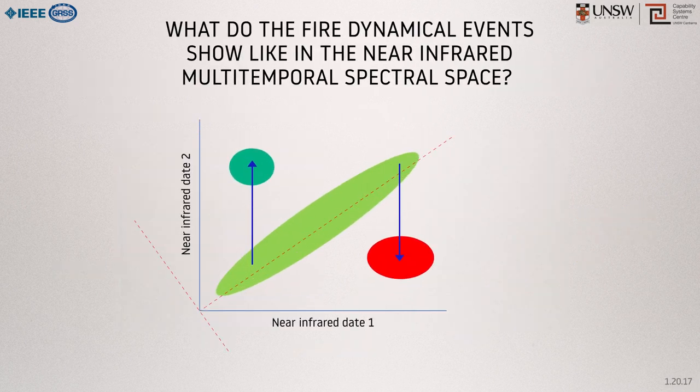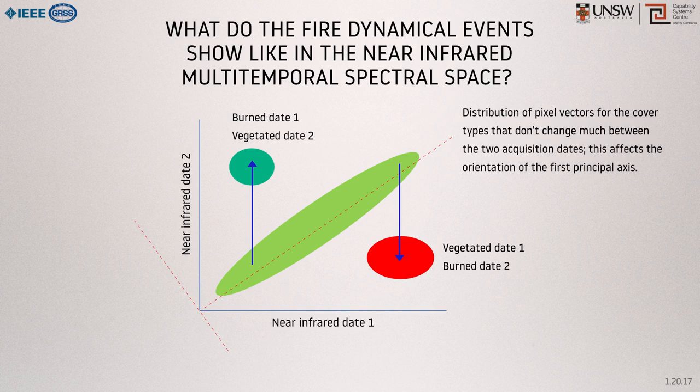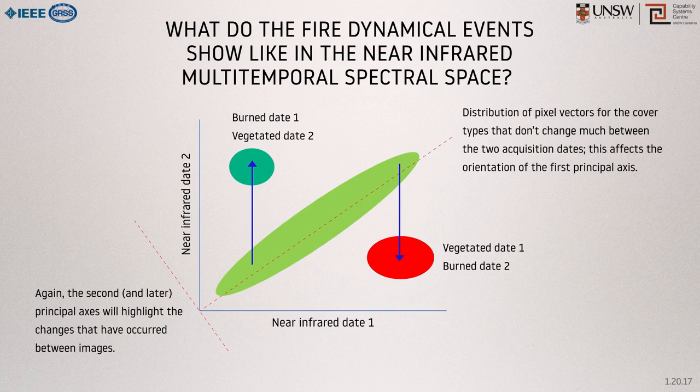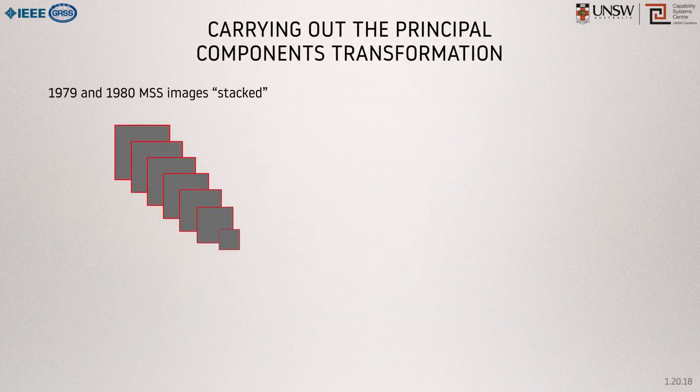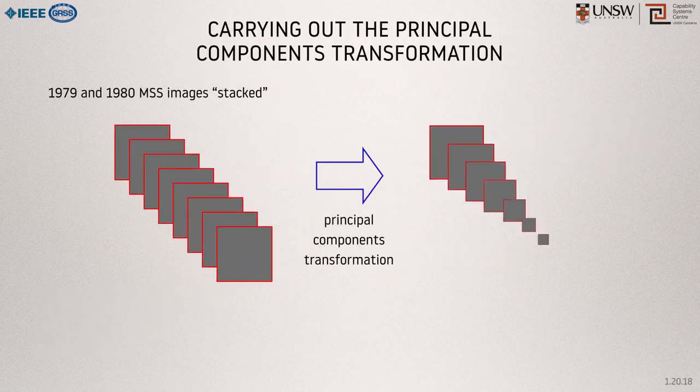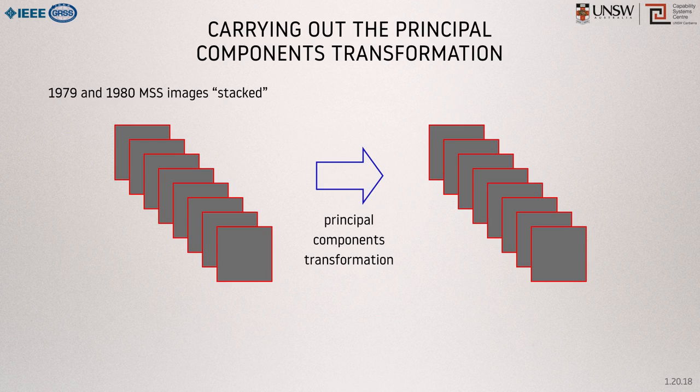As with the flood example, this slide shows where the two PC axes would appear in the multi-date spectral domain, again highlighting that the major changes show up best in the second PC, at least in this two-dimensional illustration. This slide reminds us that the exercise involves Landsat MSS data, for which there are 4 bands in each date.